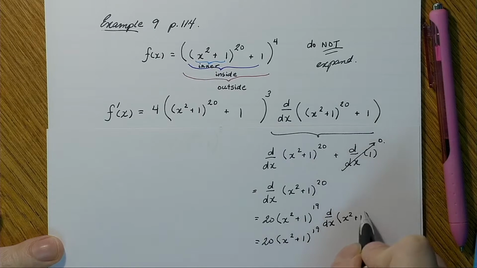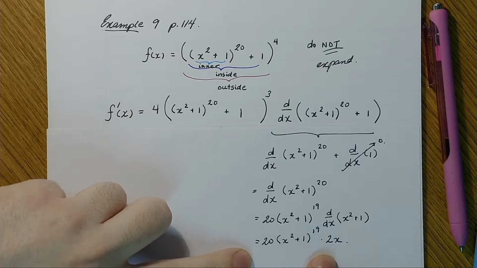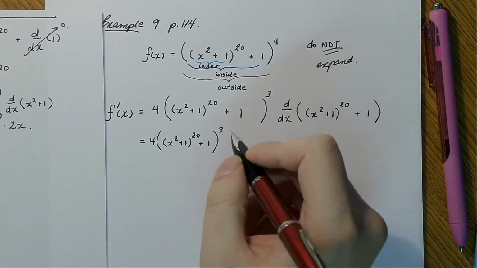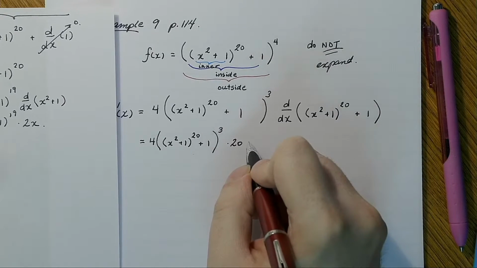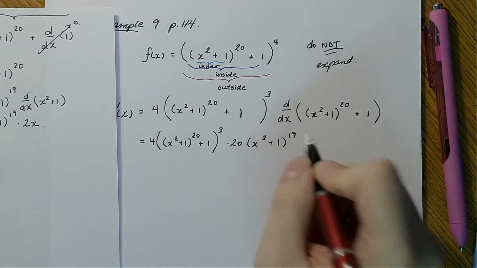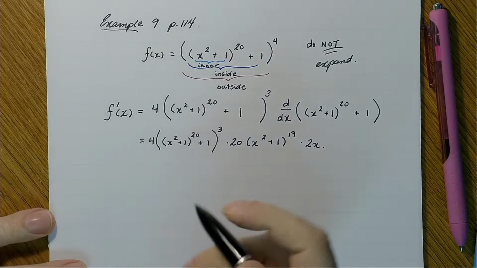Now I need to take the derivative of x squared plus 1, and the derivative of x squared plus 1 is just 2x. So that is the derivative of this. Copying that down, that is what I get.